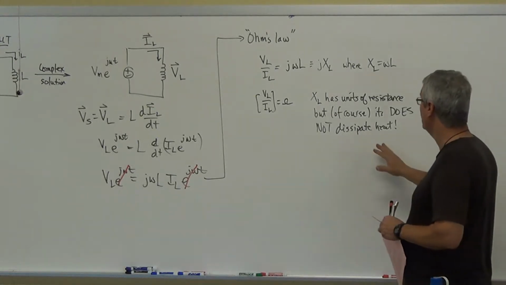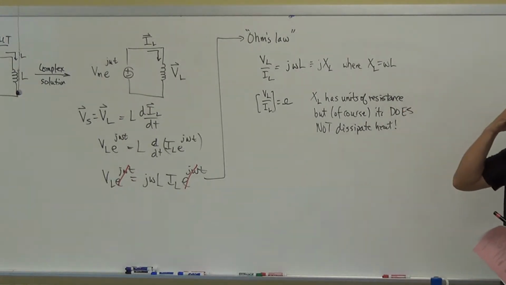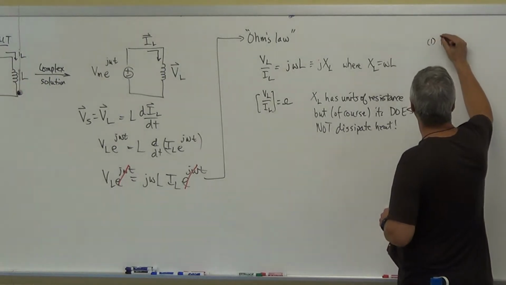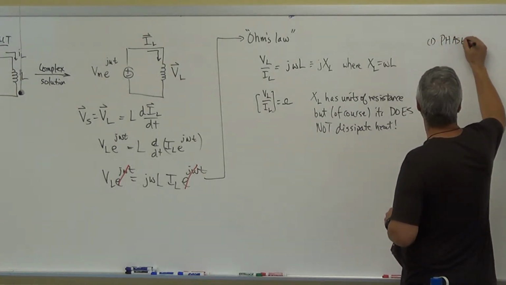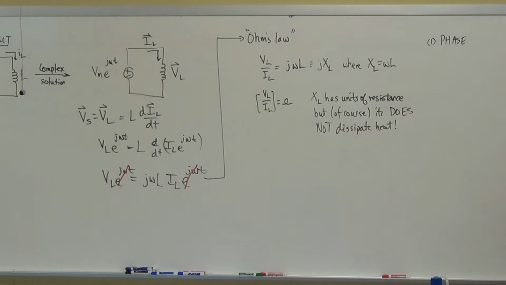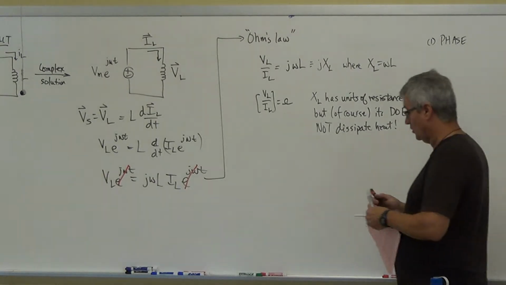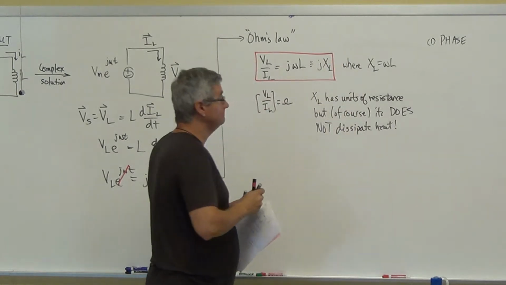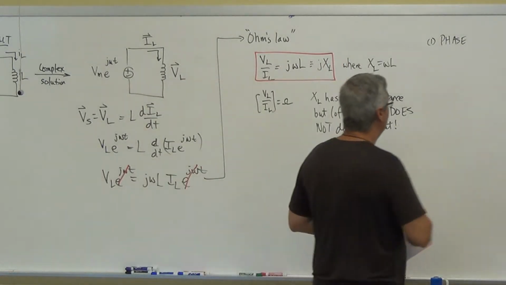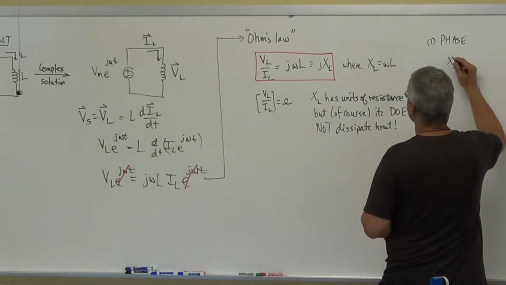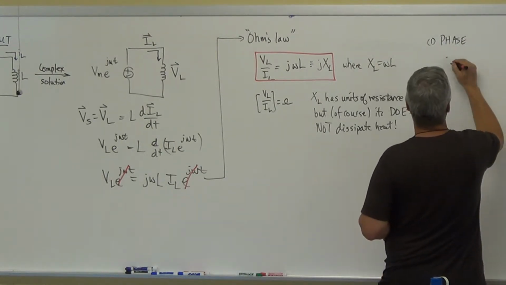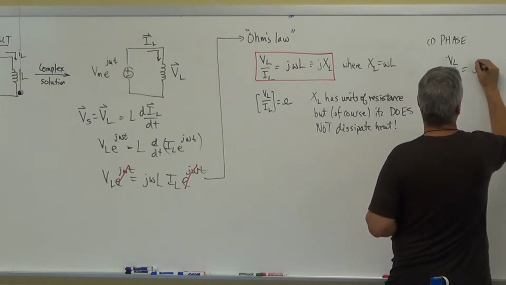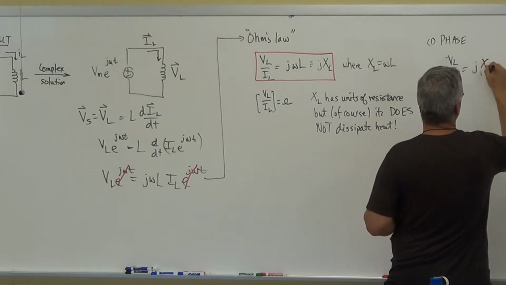Okay, so when you're looking at this, we need to go back and start looking at the same things. So let's talk about phase. What does phase do? When you look at this guy, we have this term that we're really paying attention to. So when I look at VL over IL, you see that I get this j term.